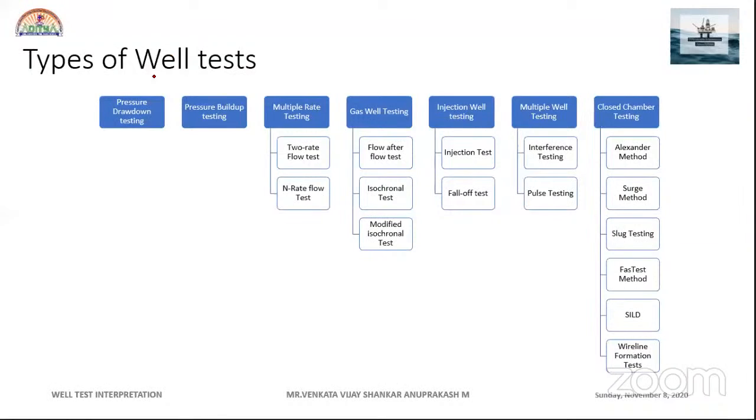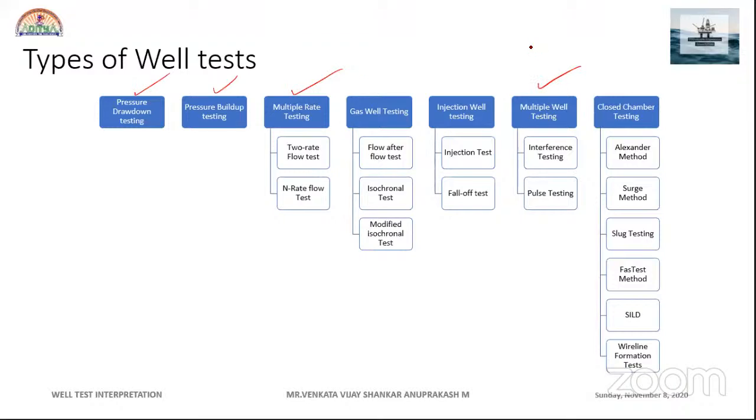Till now we have seen a generalized view, but the tests are classified into pressure drawdown tests, pressure buildup tests, and multi-rate tests. Multi-rate means changing the rates. Multi-rate is different from multi-well.